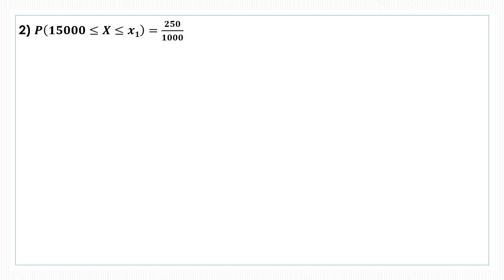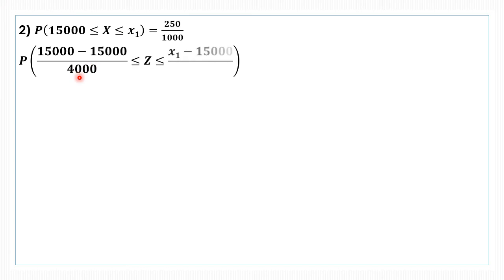So the probability of employees getting income between 15,000 and x1 is 250 upon 1000. We depict it as (15,000 minus 15,000) upon 4,000 to (x1 minus 15,000) upon 4,000, and the division of 250 upon 1000 is naturally 0.25. Now this 15,000 is actually mu itself, so that would be 0, and this value here we will convert to z1.